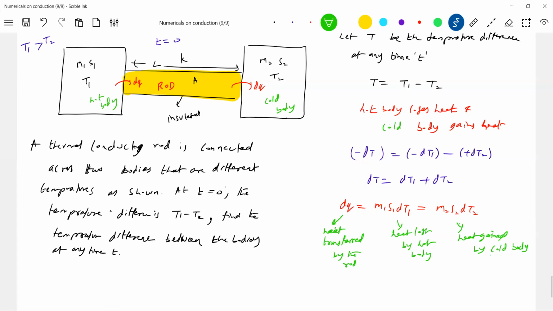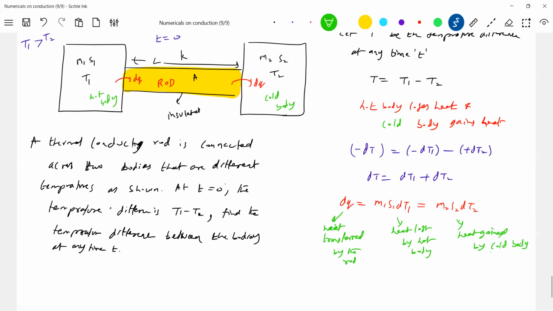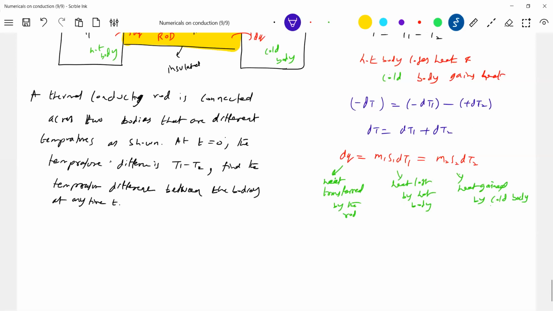Okay, now let me enter into the solving part. Okay, there's enough of physics. Rest all everything, let me replace dT1, dT2. So this will be m1 s1 dT1 by m2 s2. I'm substituting this equation 1, 2.